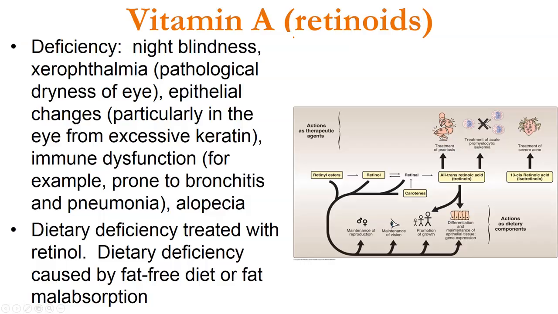So anything that's going to affect the stomach, intestines, and the absorption or the digestion of fats. So there are so many different conditions: pancreatic insufficiency, you can have Crohn's disease, inflammatory bowel disease. All those things can cause a vitamin A deficiency.